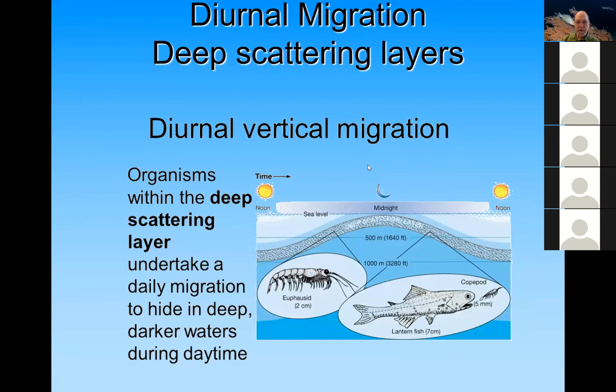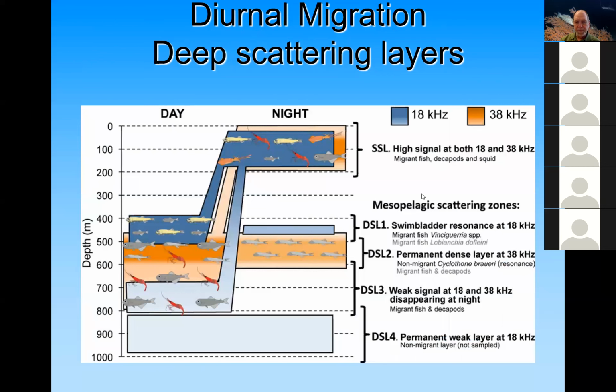The diurnal vertical migration is part of what's called the deep scattering layer, because scientists first realized that this was happening when they detected acoustically the presence of vast numbers of organisms that were moving up and down during the course of a 24-hour period. This is, again, the material that was covered in that video. The deep scattering layer is a high signal, and depending on depth, there are different layers in this.